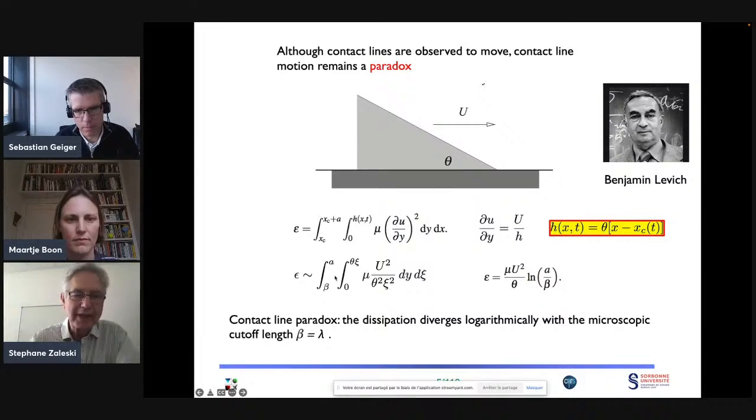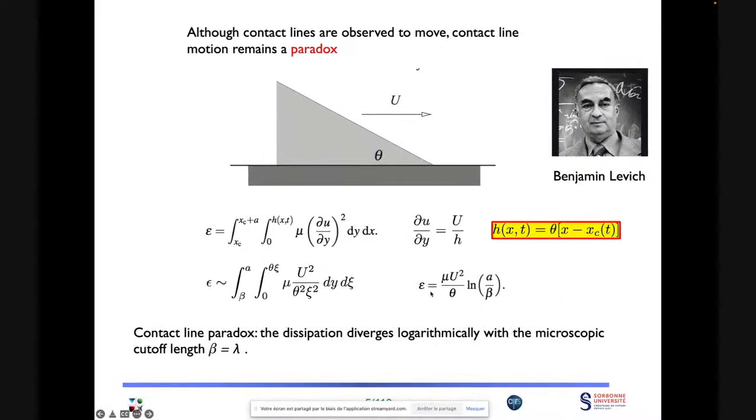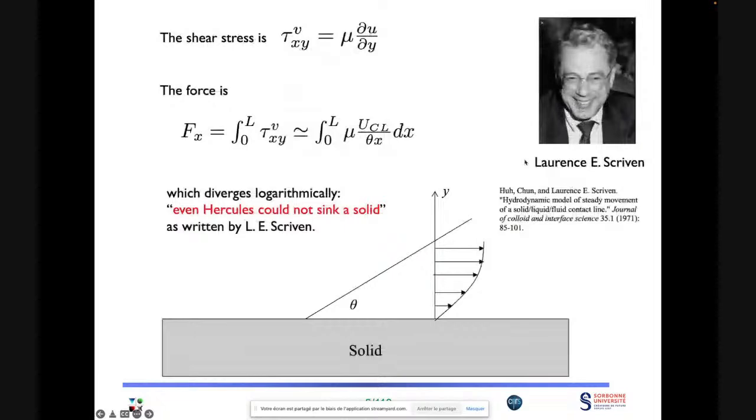Basically, the only way to avoid infinities is to have this small length scale beta, which leads to a logarithmic ratio that gives you a logarithm for the dissipation, and this beta was considered impossible by Huh and Scriven. Later on, Lawrence Scriven expressed this in another way: even Hercules could not sink a solid. You cannot push a solid into a liquid because of an infinite force, which is a companion to this infinite dissipation.